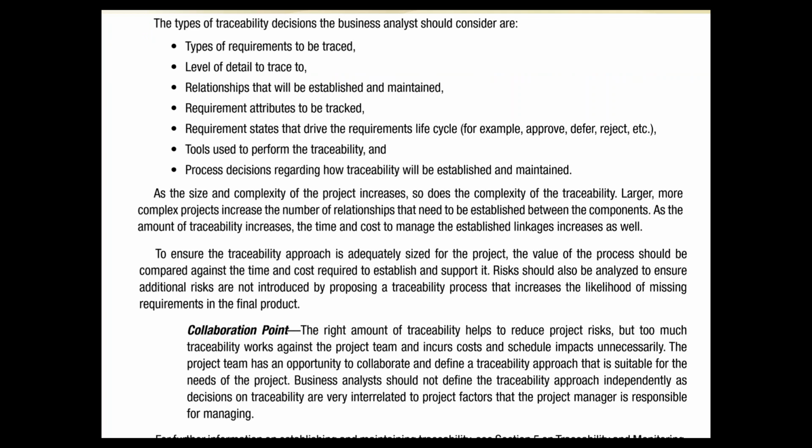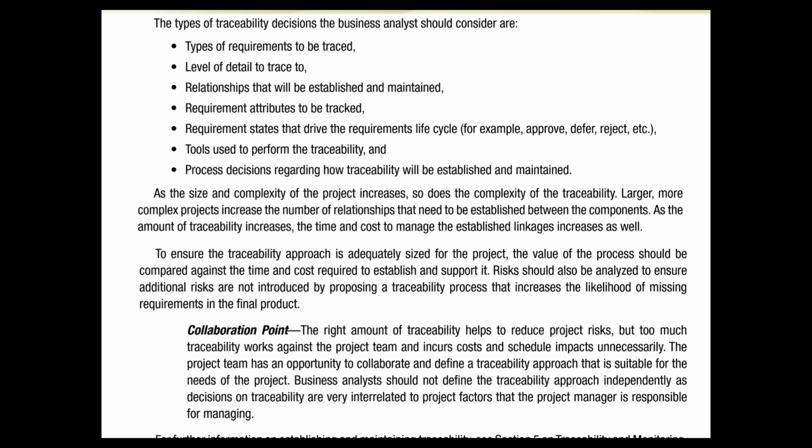Type of traceability decisions the business analyst should consider are type of requirements to be traced, how many types of requirements are to be traced, how much detailed that trace could be, the level of detail of the trace, relationship that will be established and maintained, requirement attributes to be tracked, requirement states that drive the requirement life cycle, for example, approval, deferring it, rejecting it, whatever.